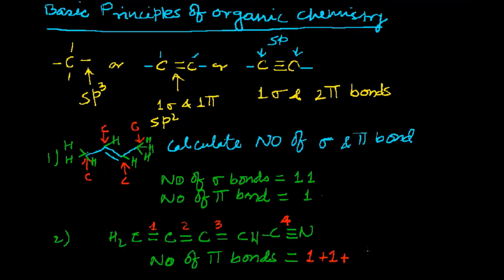In the third case it has again 1 pi bond, and in the fourth case, since there is a triple bond, it would have 2 pi bonds. So in total it will have 5 pi bonds.